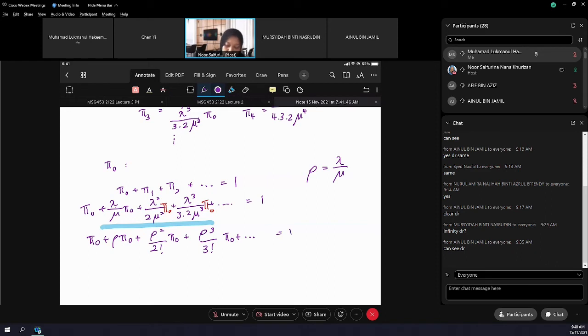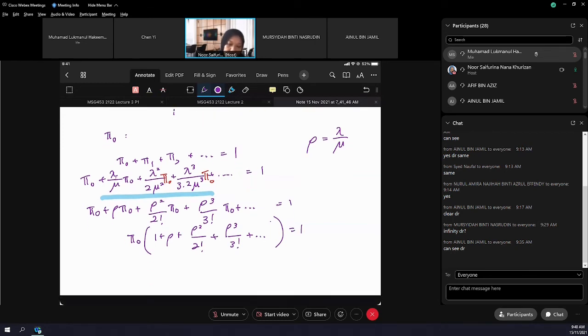Next, you factorize your pi naught because we want to find pi naught. So 1 plus rho plus rho square over 2 factorial plus rho to the power of 3 over 3 factorial and so on, equals 1.